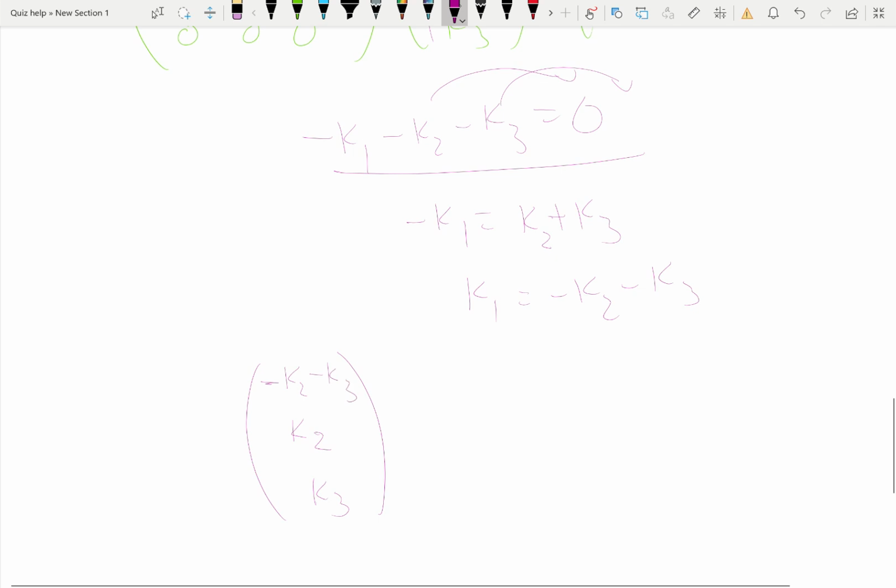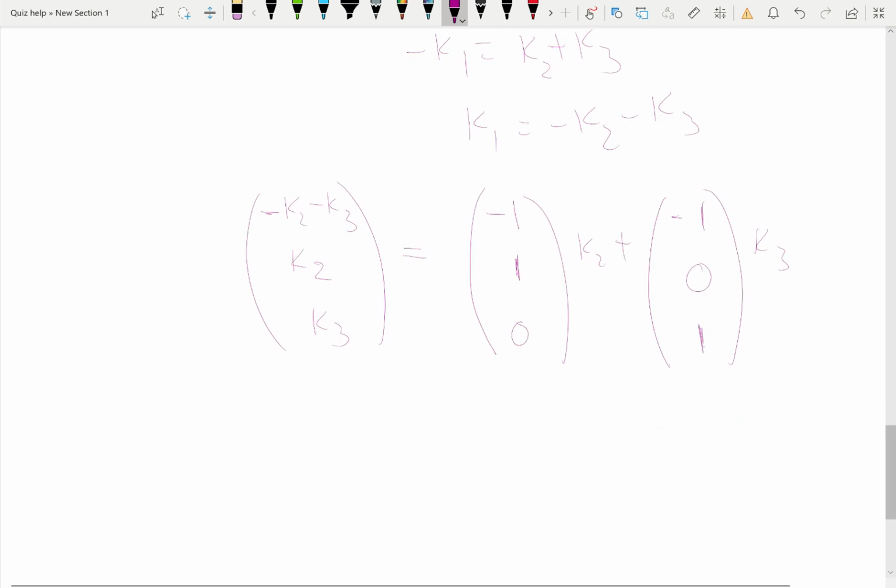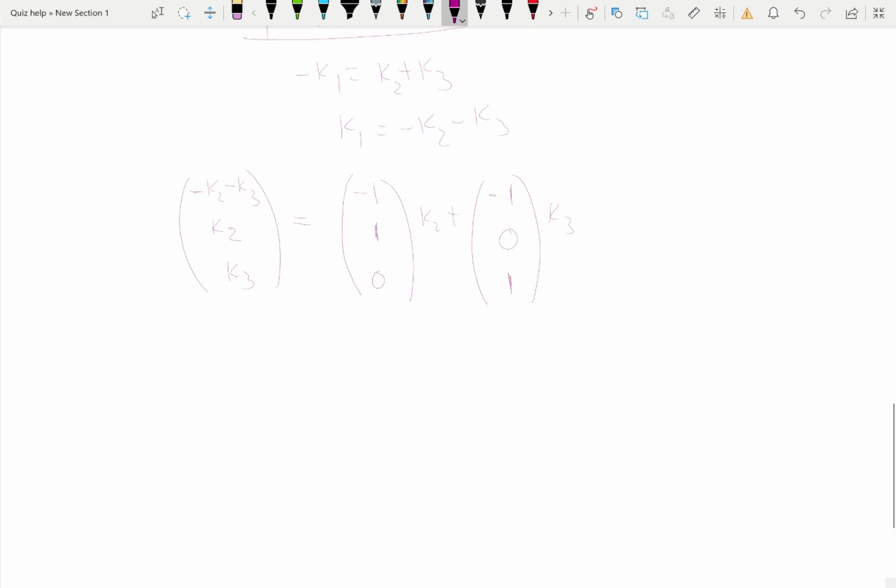That's the relation. Now I decompose this. What are the coefficients of k2? Negative 1 from here, here you have a k2, it's 1, and in the third row no k2. So that's the coefficients of k2. Coefficients of k3: here negative 1, there's no k3 in the second row, there's a 1 k3 in the third row. So we get 2 linearly independent eigenvectors from here.